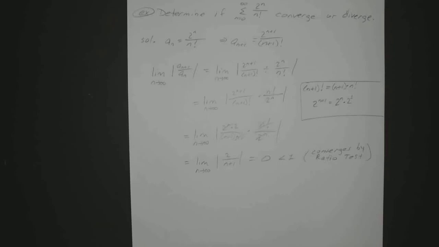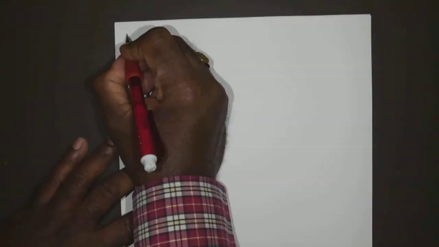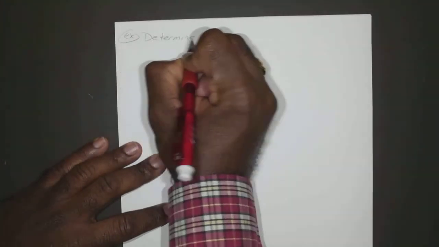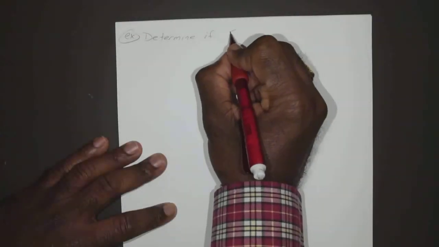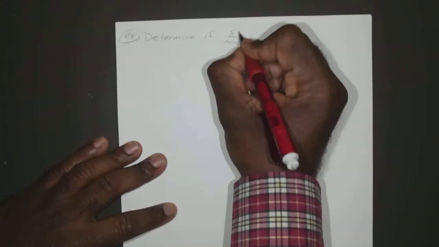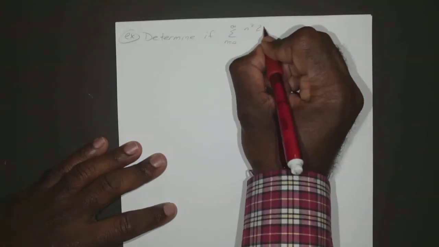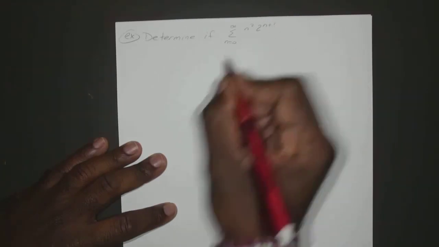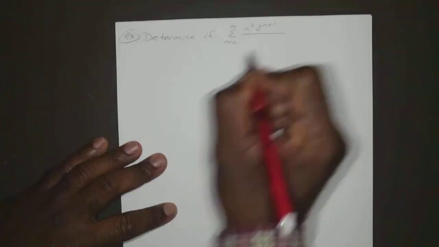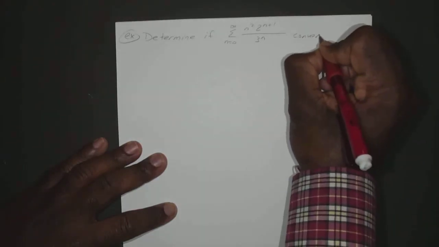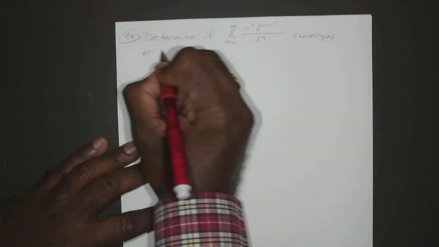All right, so for this one, let's say, for example, if you wanted to determine if the sum from n equals 0 to infinity of n squared times 2 to the n plus 1 power over 3 to the power n converges or diverges.